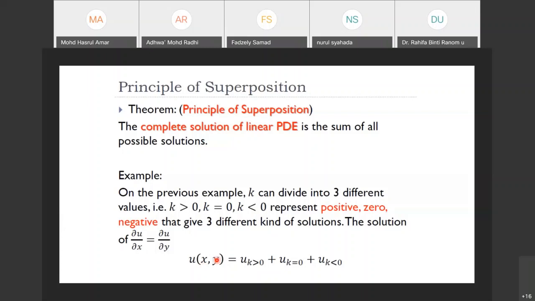Therefore, u(x,y), the solution of PDE is equals to u when k positive plus the solution of u when k equal to 0 plus the solution of u when k less than 0. Right. So I think this is just the introduction of method of separation of variables.